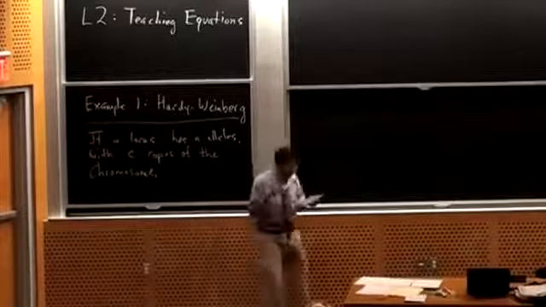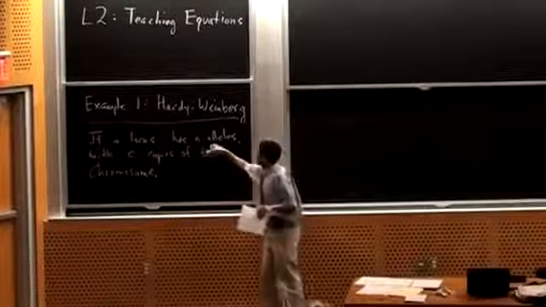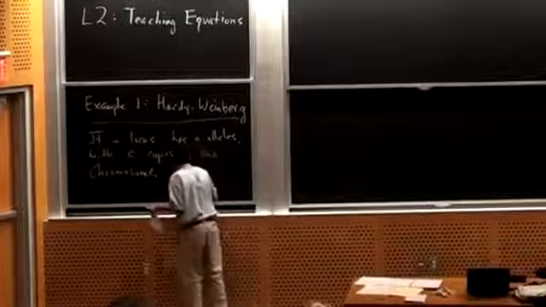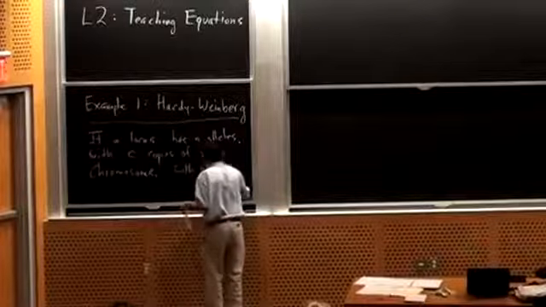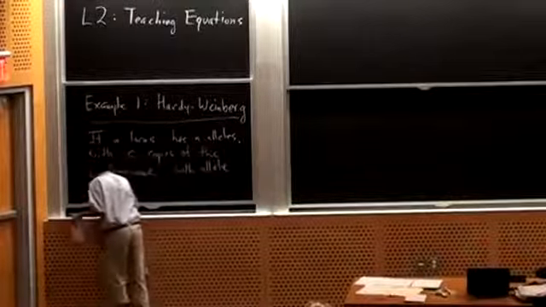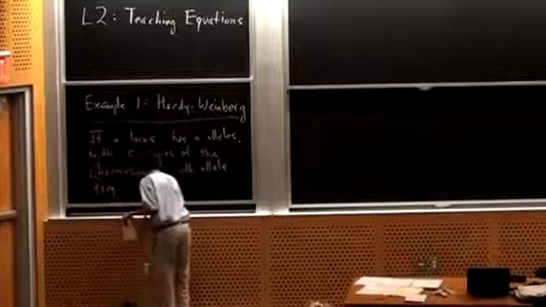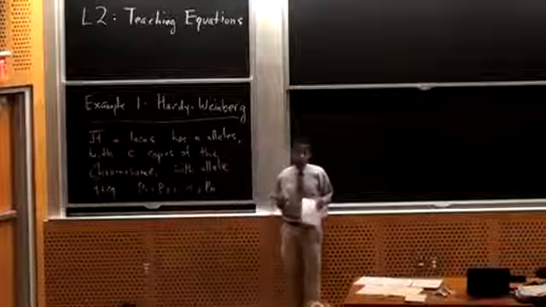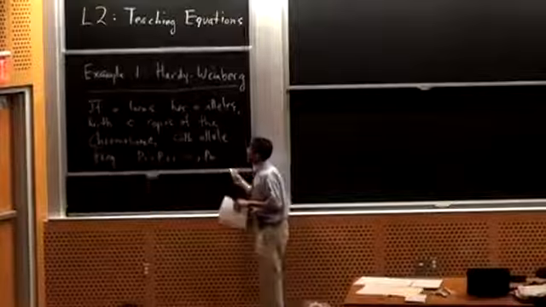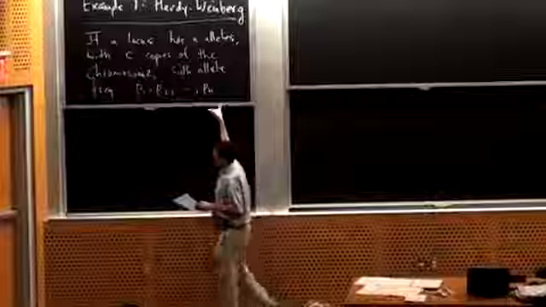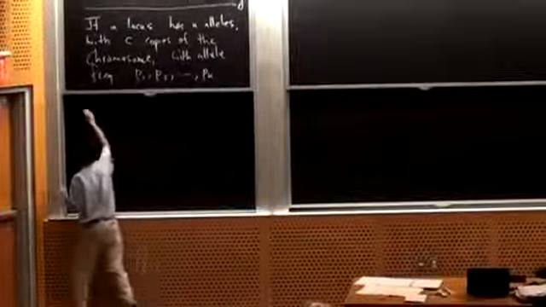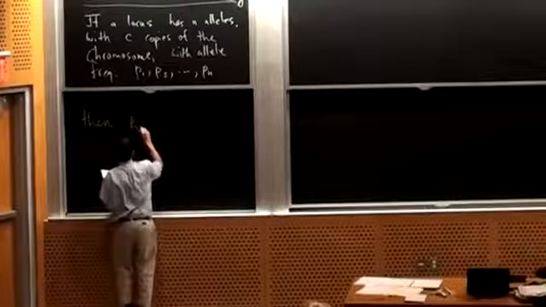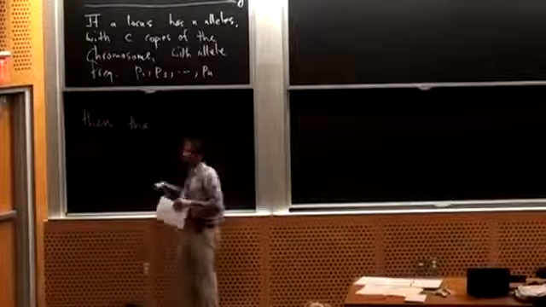Okay, so there's n alleles, and the allele frequencies are P1 through Pn. Then we're going to deduce the genotype frequencies.